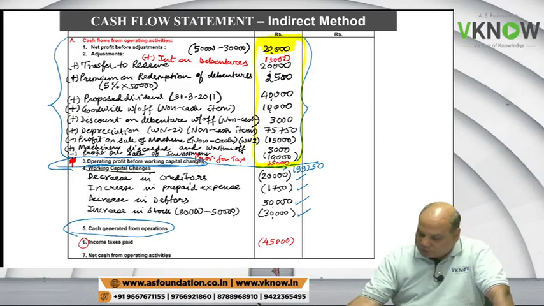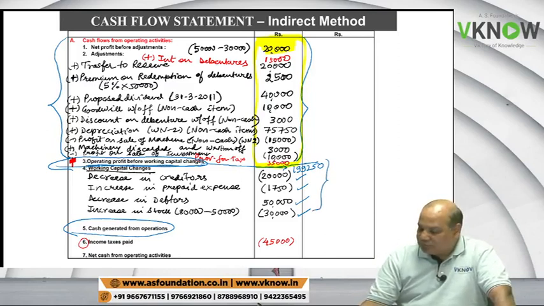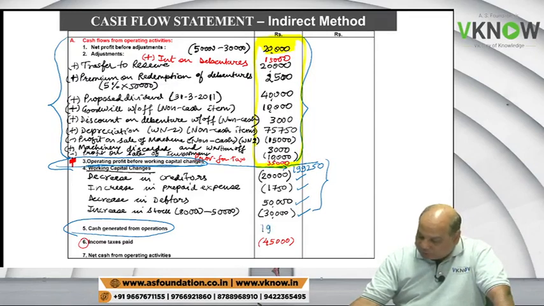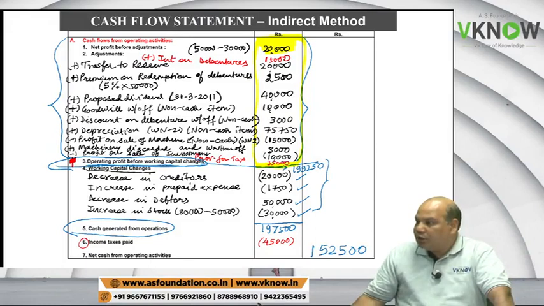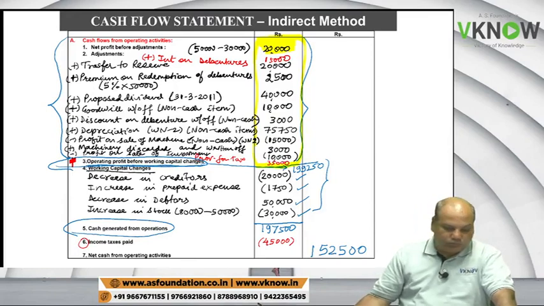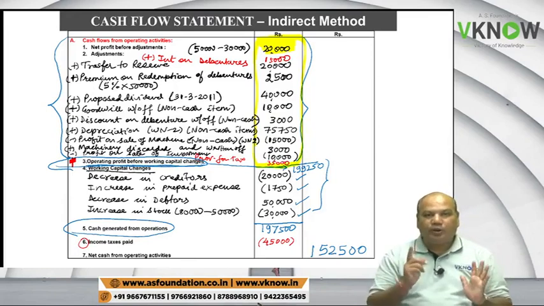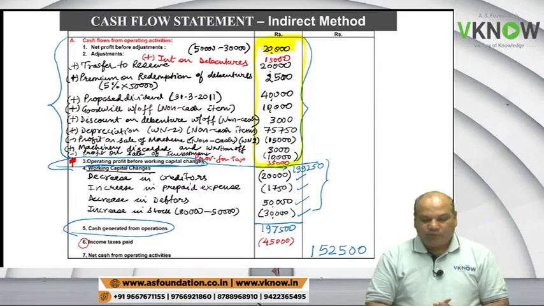You add these items. 197,500 in the same inner column. 197,500 minus income tax paid 45,000. So that will give you cash flow from operating activity 152,500. Check the answer. Cash flow from operating activity is 152,500.